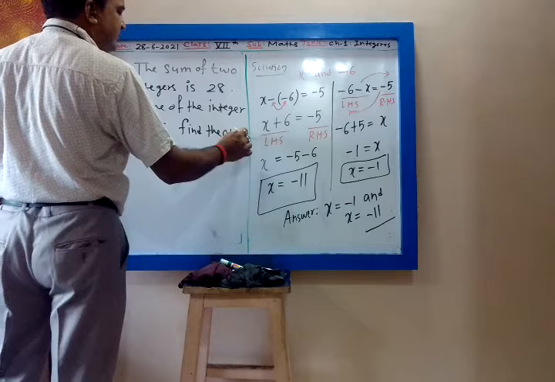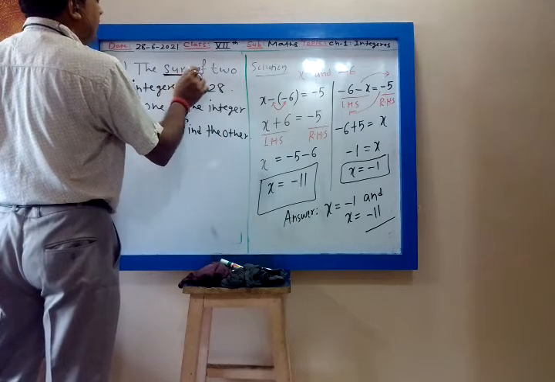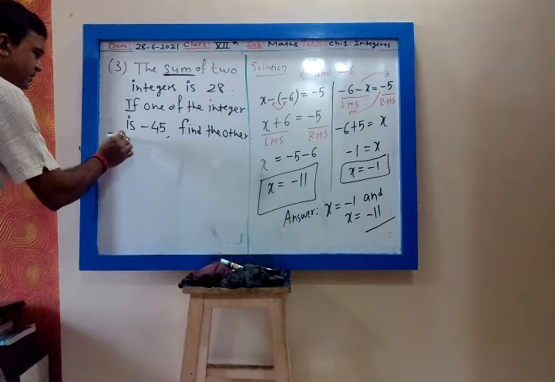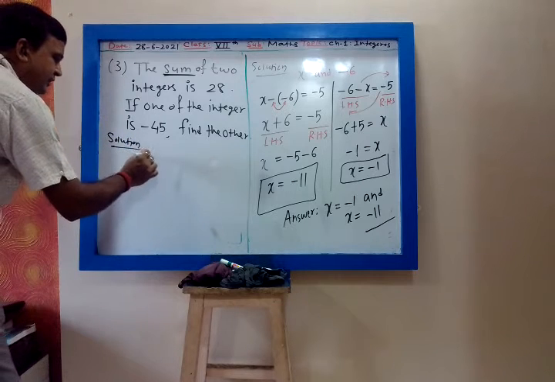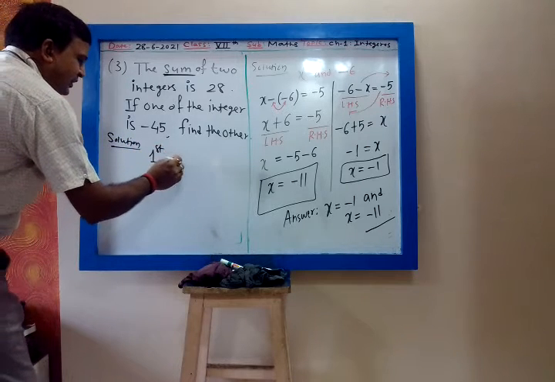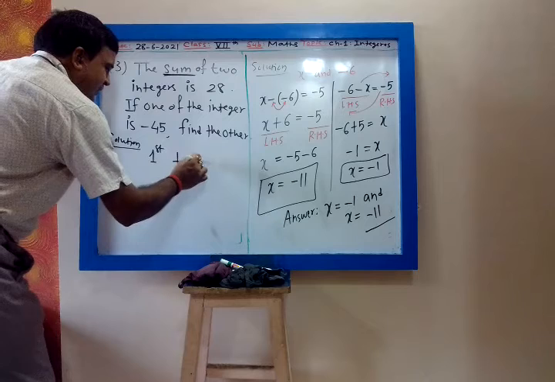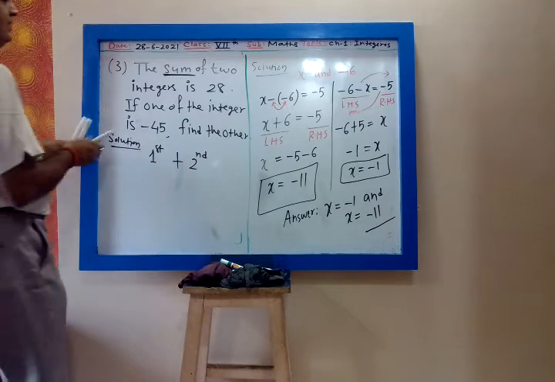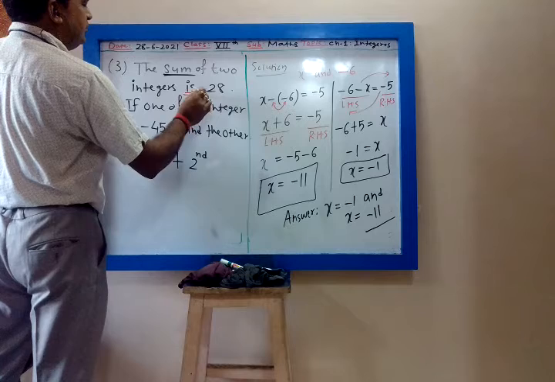Now again it is sum, so there will be only one case, a plus b. So this is my first integer, and this is my second integer. First integer plus second integer is 28. What do you mean by is in mathematics? Is means equal to.